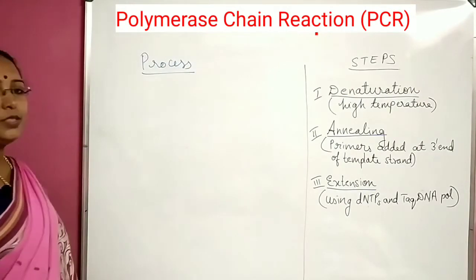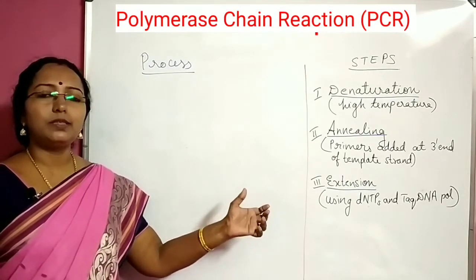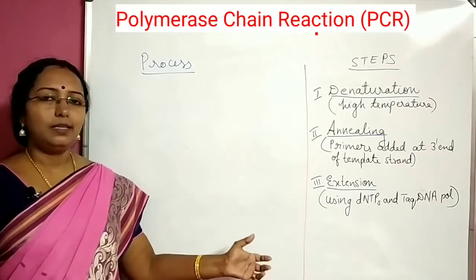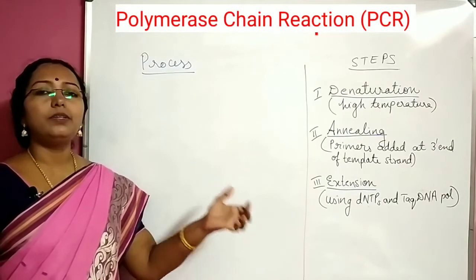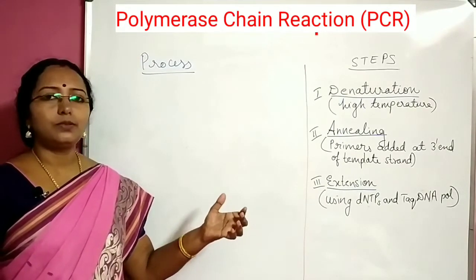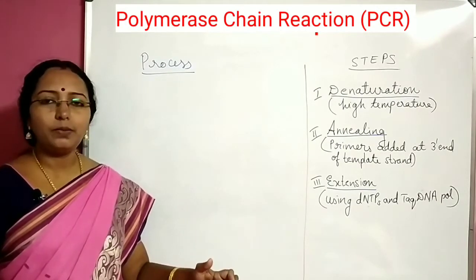As I mentioned in the previous session, I took you through the different requirements for PCR. There I mentioned that PCR is based on our DNA replication. Once again, the DNA replication video is already uploaded.